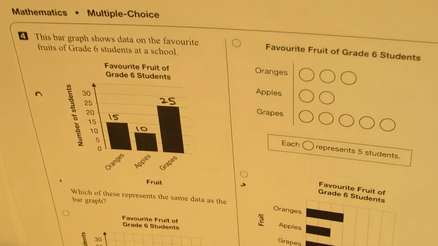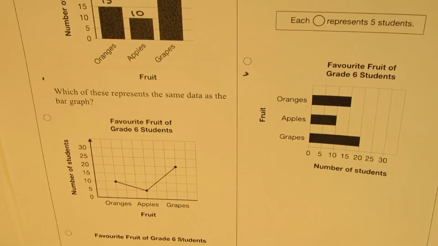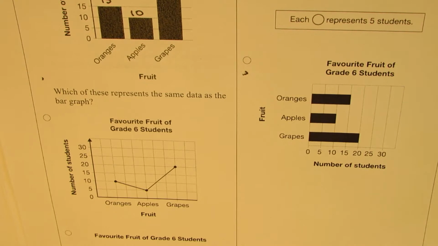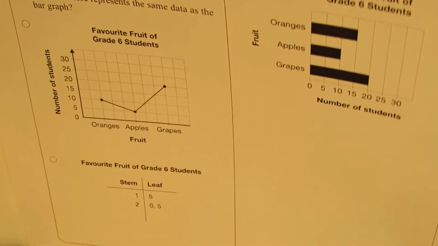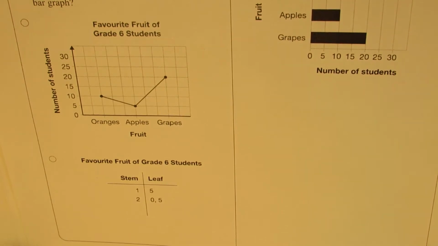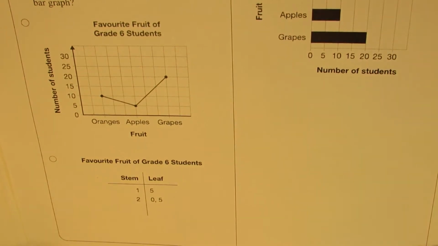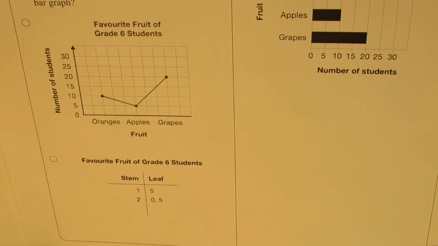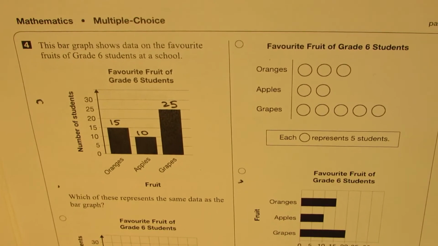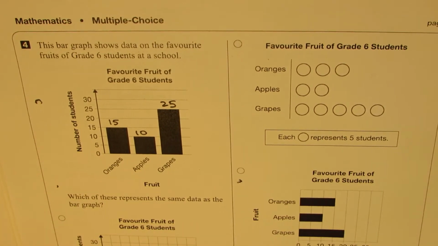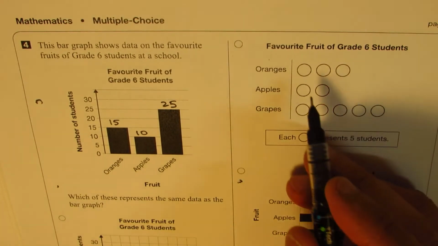The options are, we have a line graph here. Well, the apples are shown as 5, not 10, so it doesn't work. We have a stem and leaf plot which shows 15 as one number, 20 and 25 the other. Well, that is not correct. We don't have anything called 20 here, right? The third one is a pictograph which says oranges are 15.